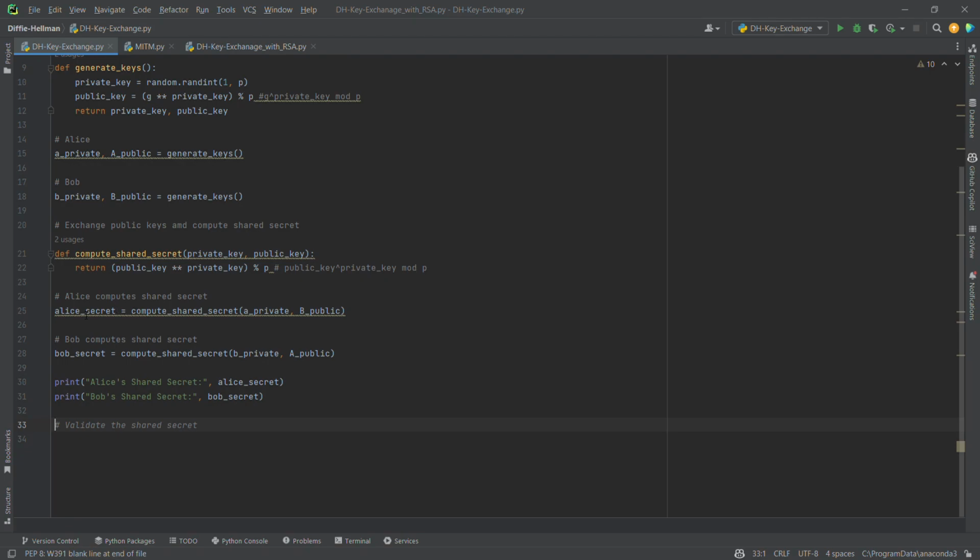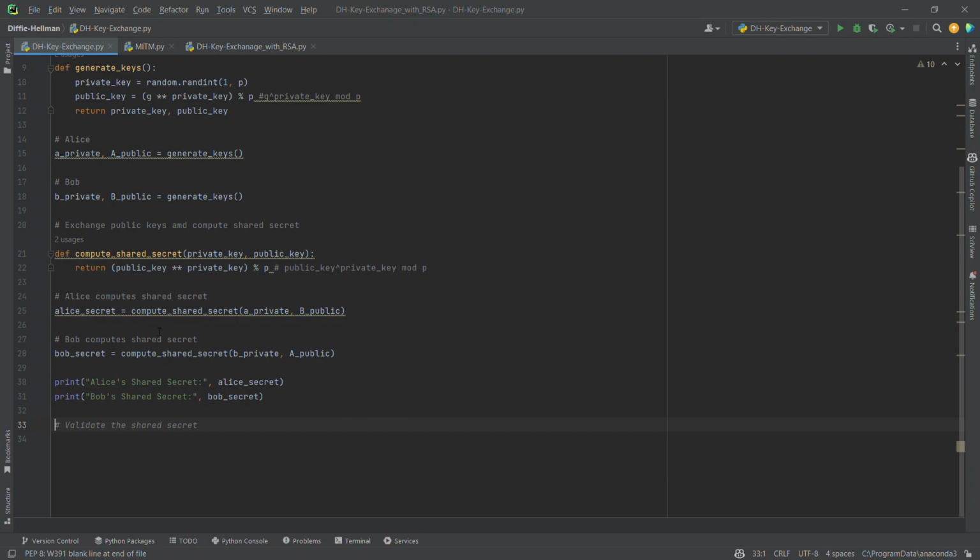So for example, if Alice wants to compute the shared secret, she has to take her private key and Bob's public key. And in Bob's case, he has to use Bob's private key and Alice's public key to generate this value.